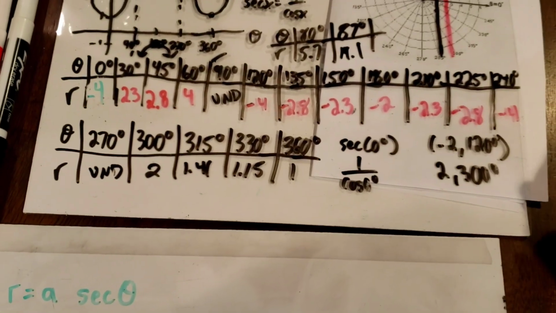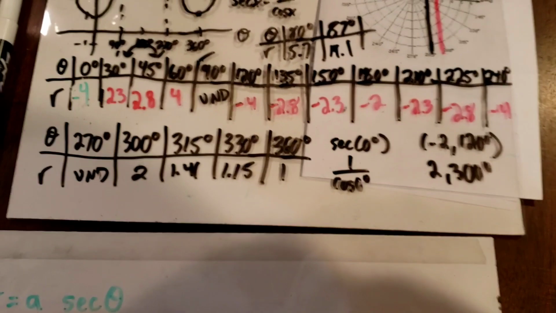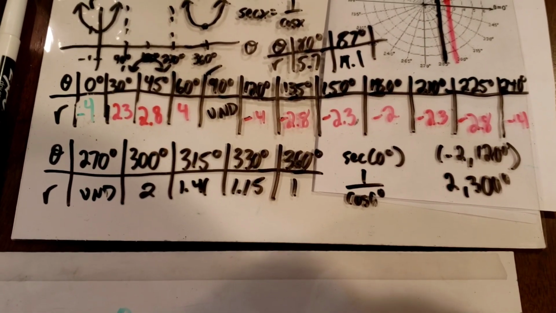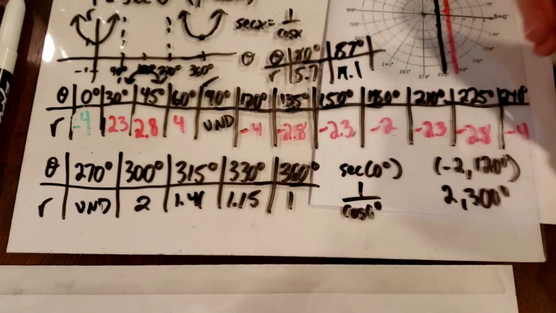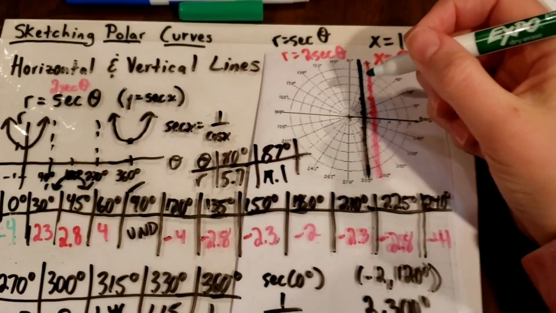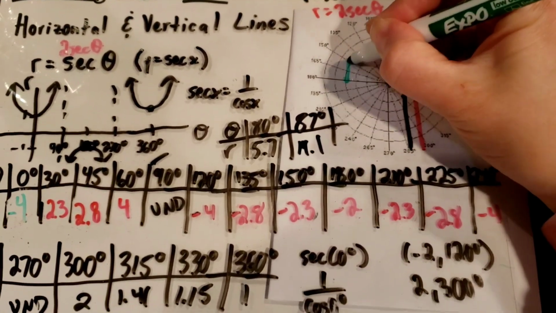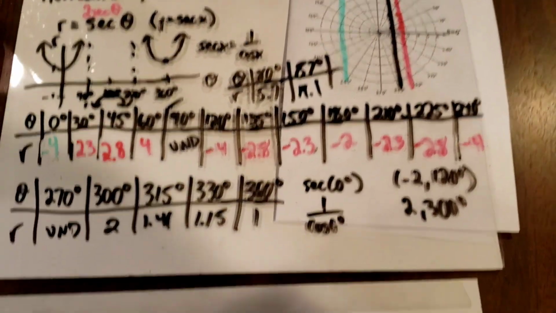And if I was to graph 0 degrees, comma, negative 4, that would become 4, comma, 180 degrees, which would put you 1, 2, 3, 4, 180 degrees, and you would have a vertical line right there.